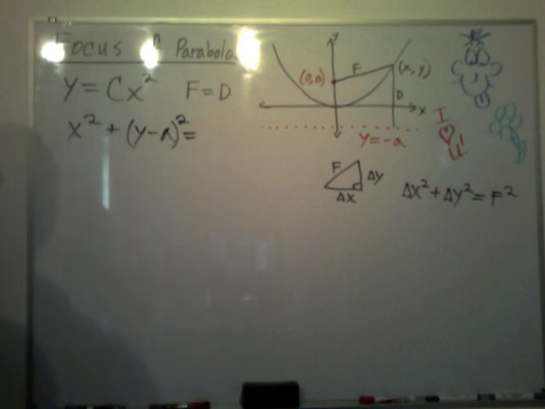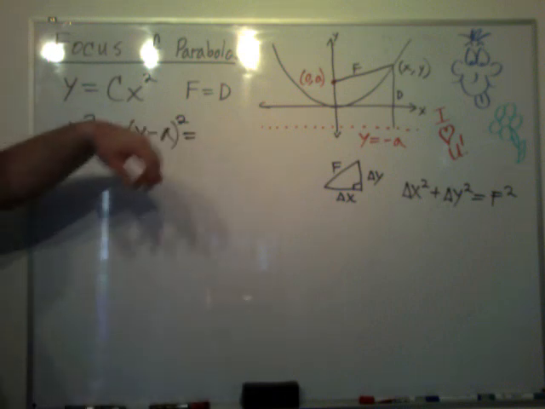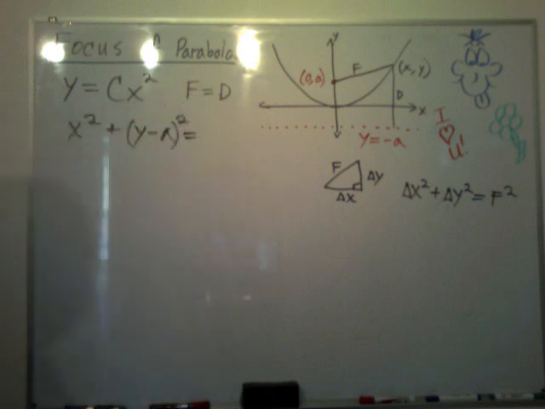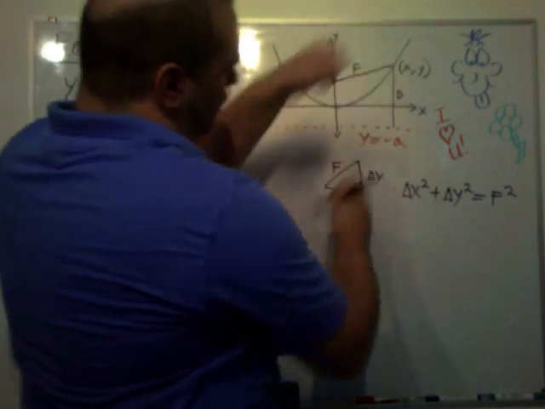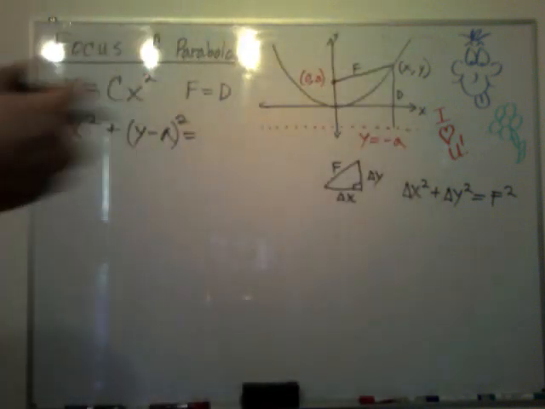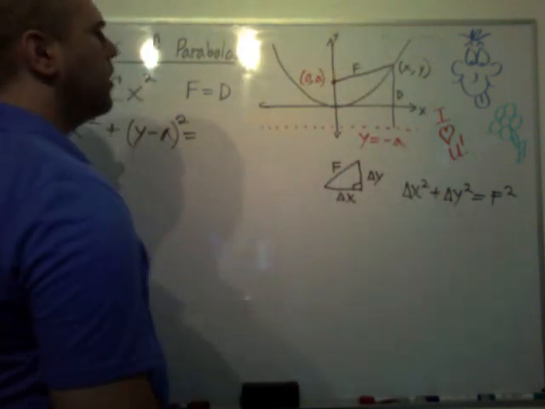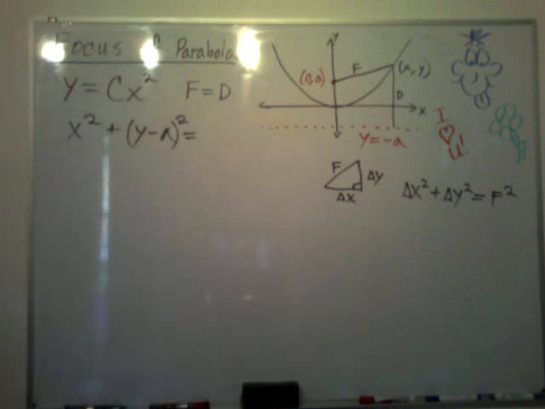Okay. And we set that equal to, now remember this is f squared, and f squared is equal to d squared based on f being equal to d. We have to do the same thing for d squared. Well, for d squared, we look at the change in the x direction going across this way. And there is no change, right?